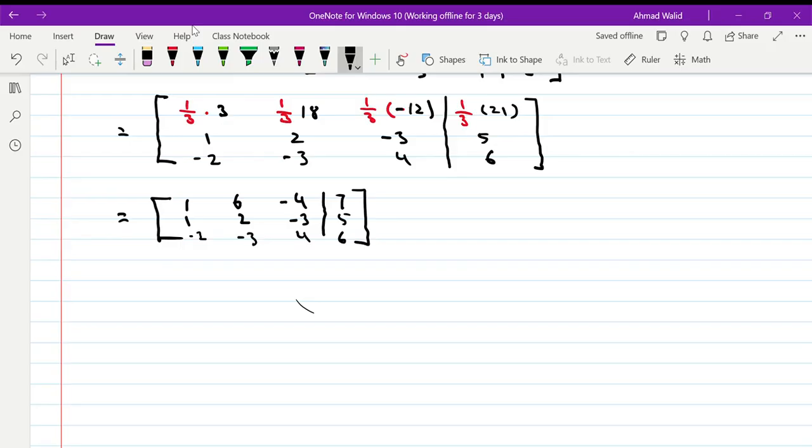In part C of this problem, they are asking you to do this: 2 times R2 plus R3. Let's copy our original matrix first here.